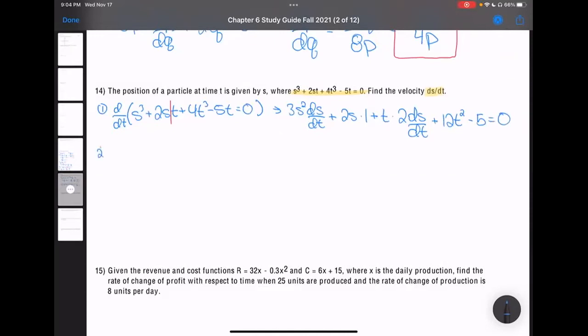Step 2 is we're going to simplify everything down and isolate ds/dt to give us our function.